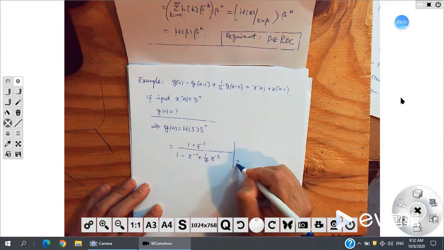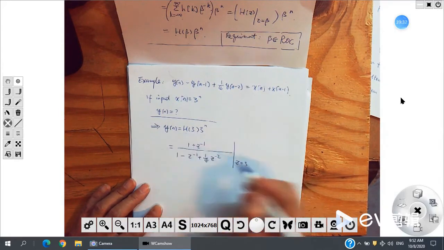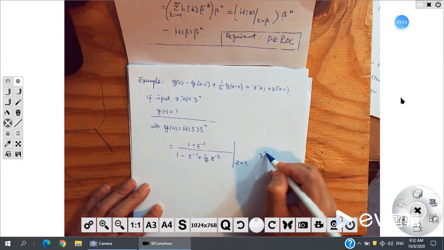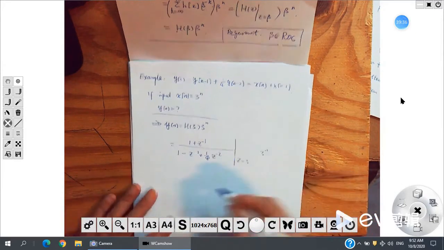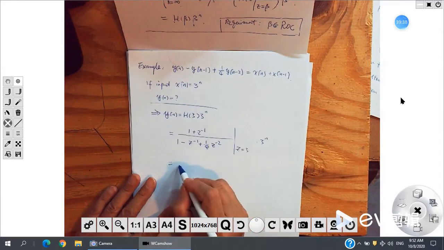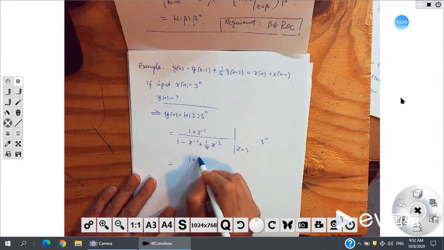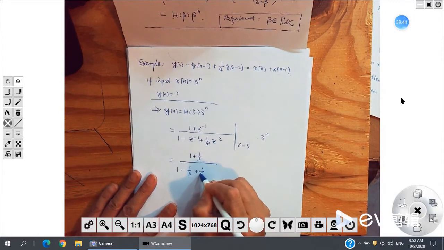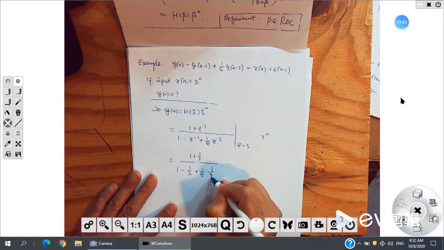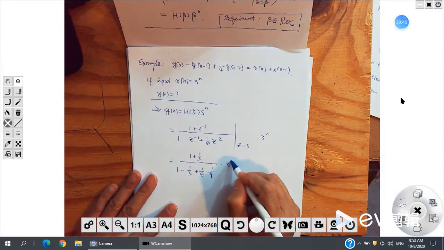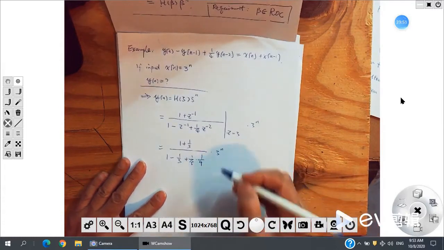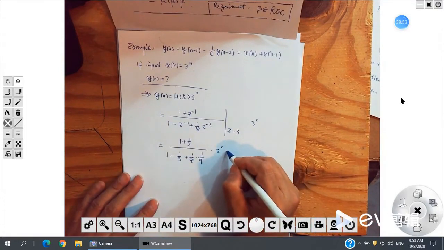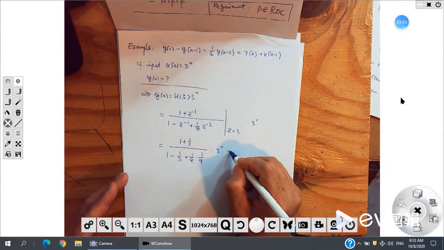And z equals 3. This is h of 3, times 3 to the n. Just algebraic calculation: it is 1 plus 1/3 over 1 minus 1/3 plus 1/4 times 1/9, times 3 to the n. That's it. And if you want, you can simplify or use a calculator.